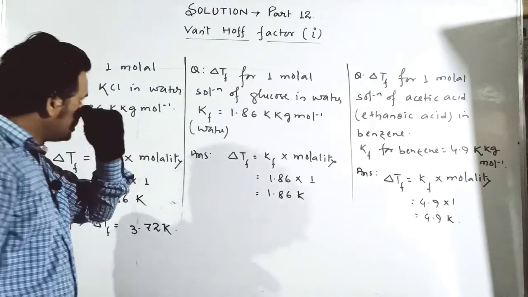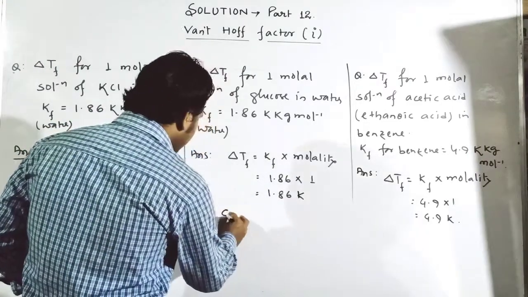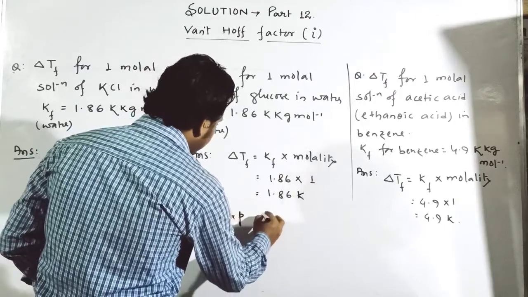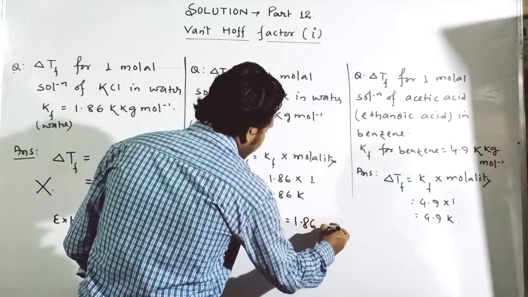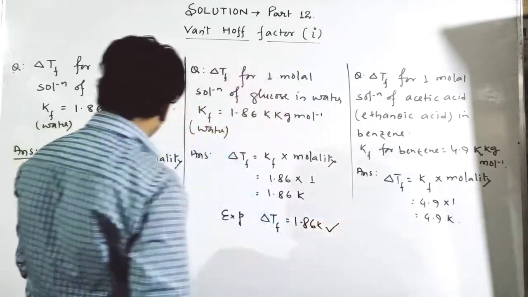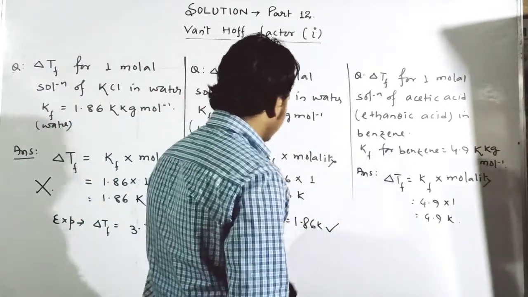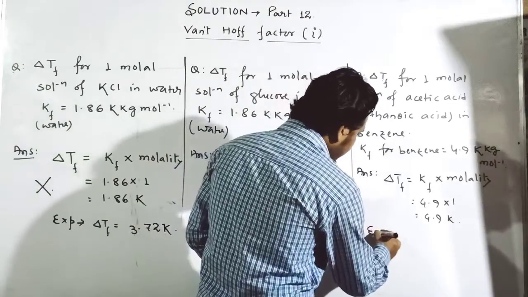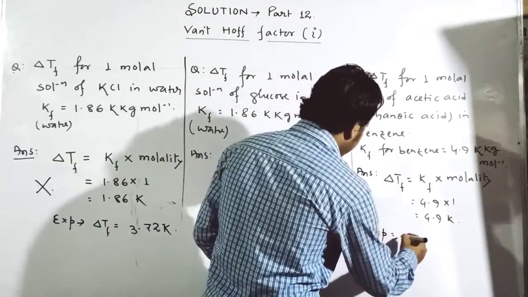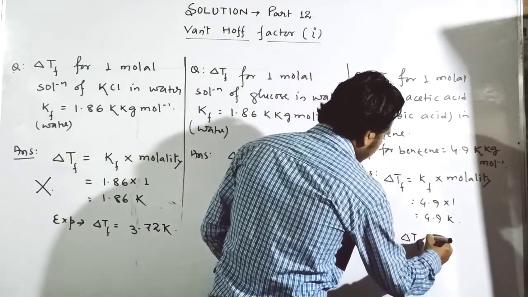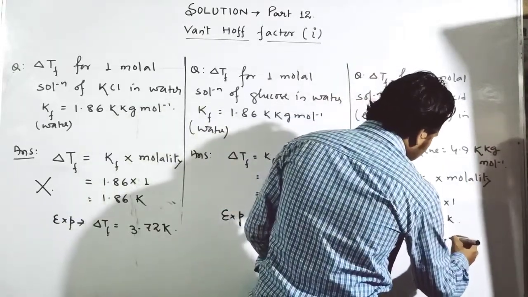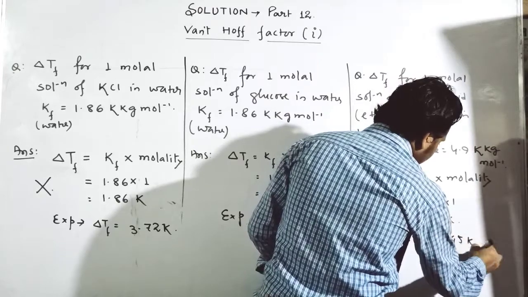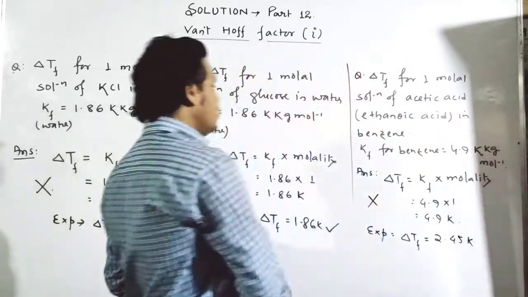Now in this case, experimentally it is found that del Tf is equal to 1.86, means this is right. Here experimentally it was found that the answer for this question is del Tf of 2.45 Kelvin. So this is also wrong.